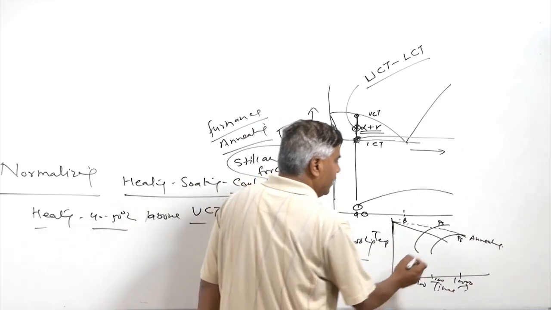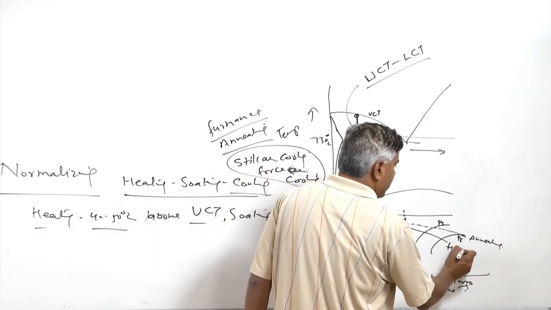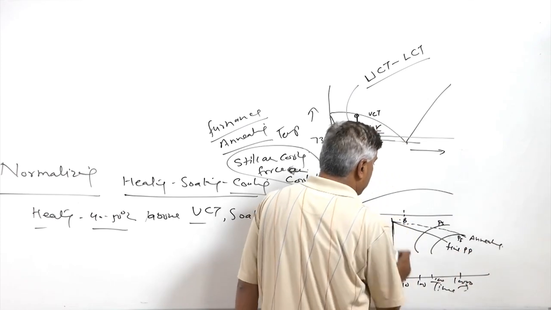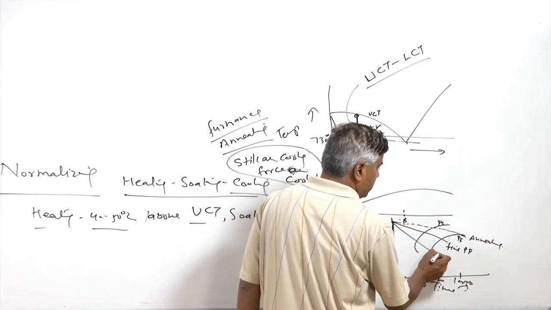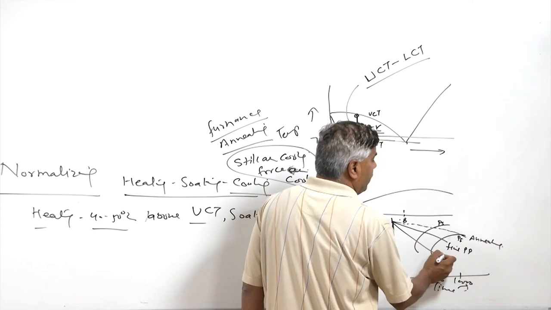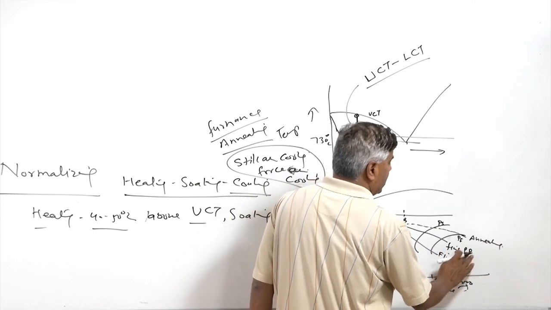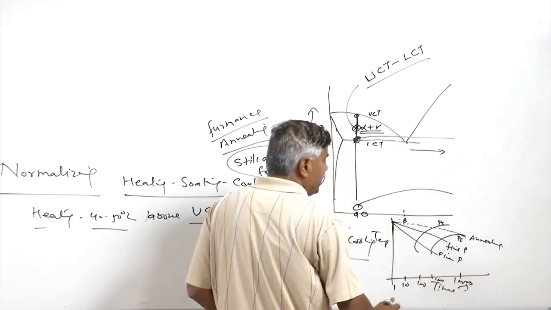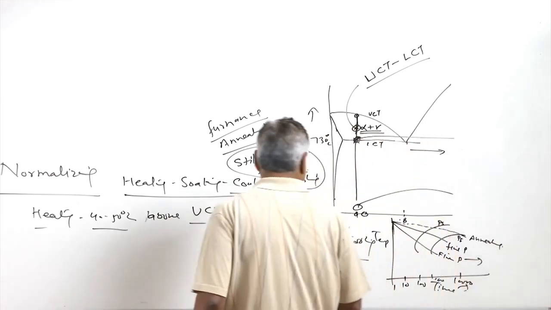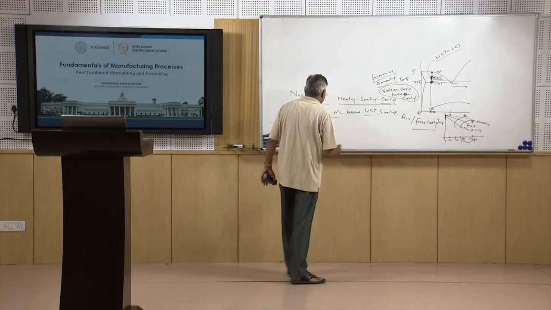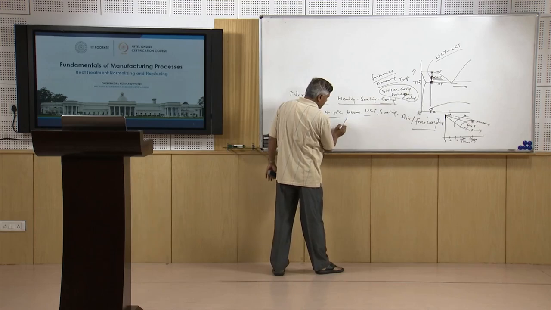Higher cooling rate will lead to the fine pearlite structure. Further higher cooling rates can also be used for a still finer pearlitic structure, which we can understand from this.